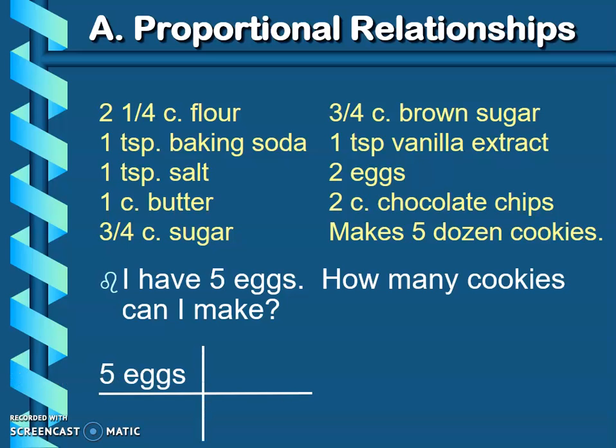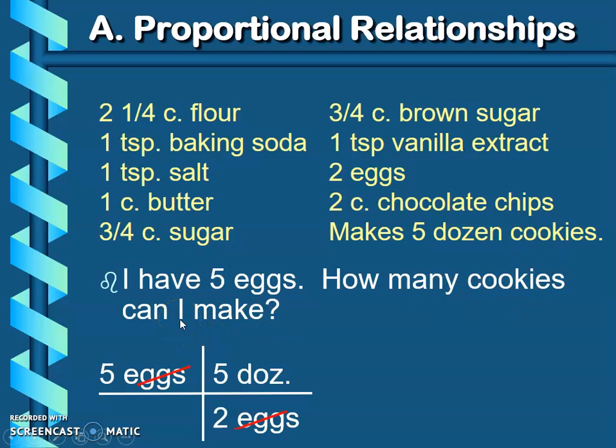Okay, so with 5 eggs, how many cookies can I make if I follow this recipe? Well, I have 5 eggs, and the recipe says that I need 2 eggs to make 5 dozen cookies. So that's my ratio. 2 eggs makes 5 dozen cookies. Now notice I put eggs on the bottom because keeping up with my units, those are going to cancel off because I want to know how many cookies I can make.